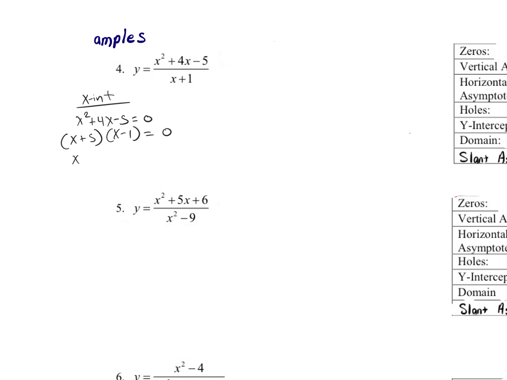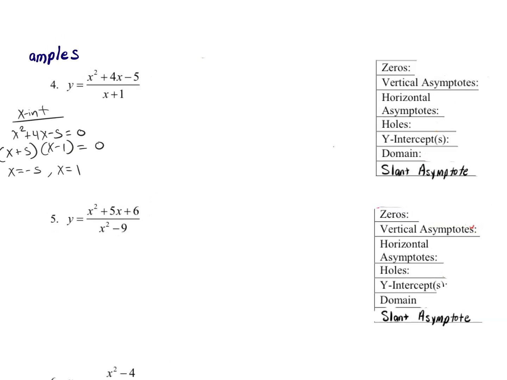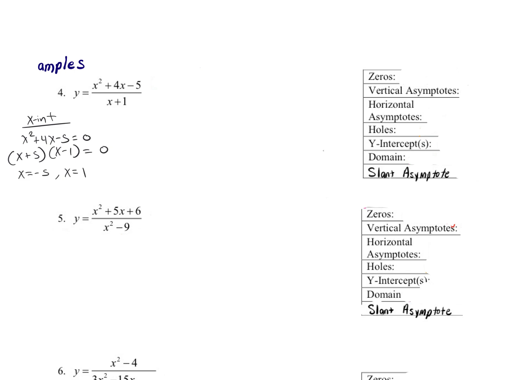Now this is going to give x equal to negative 5, and x equal to 1. Since those are the zeros, you can write them as x is equal to negative 5 and x is equal to 1. But you can also write them as an x-intercept, which would be negative 5 comma 0 and 1 comma 0. If it says x-intercept, please write them in an ordered pair.